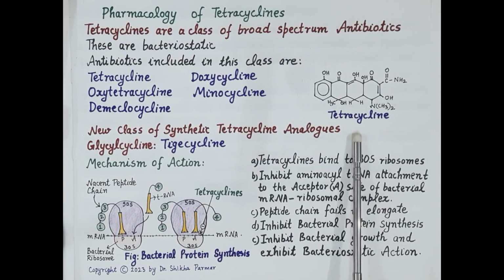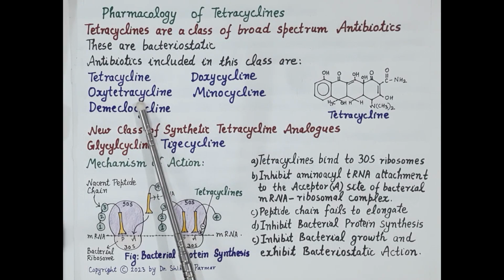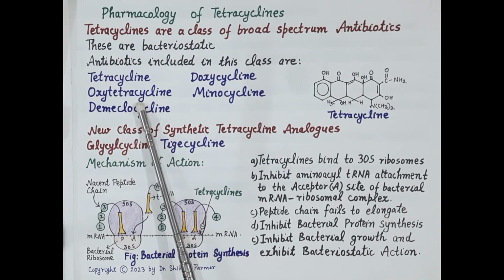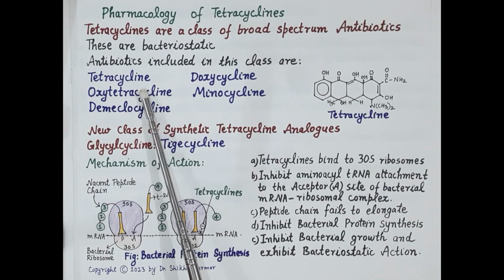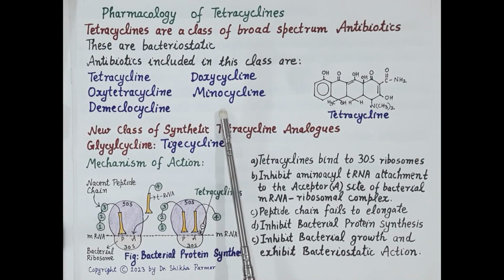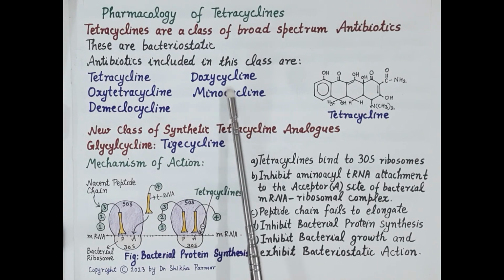Now tetracyclines are obtained from various species of Streptomyces bacteria. Oxytetracycline was obtained from Streptomyces rimosus. Others like tetracycline, doxycycline, minocycline are obtained semi-synthetically, and doxycycline is the most commonly prescribed tetracycline.